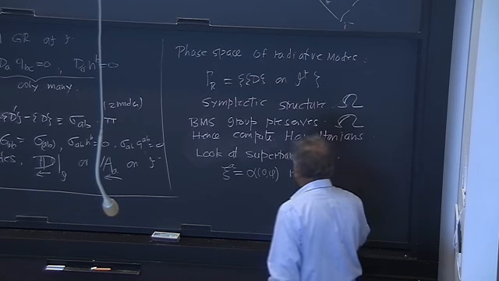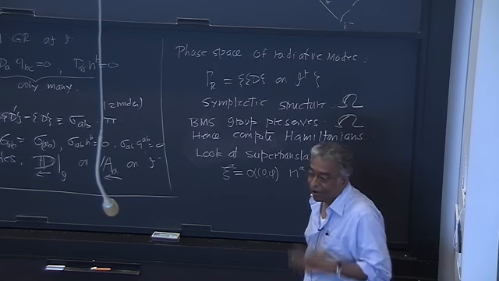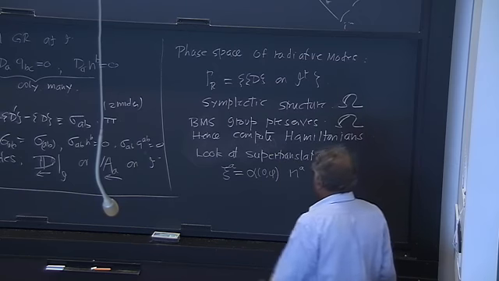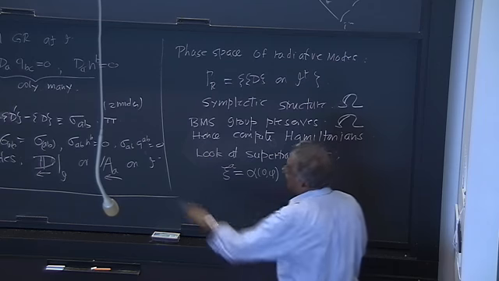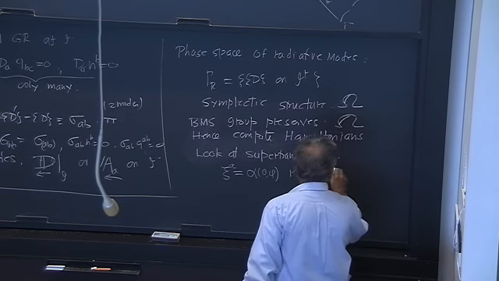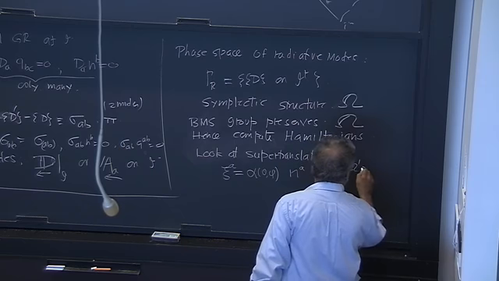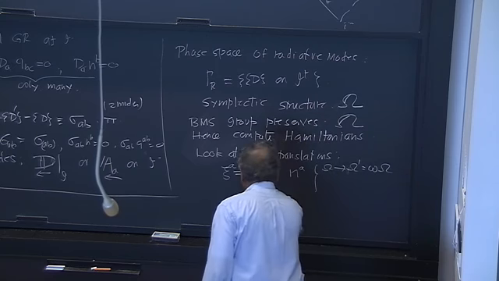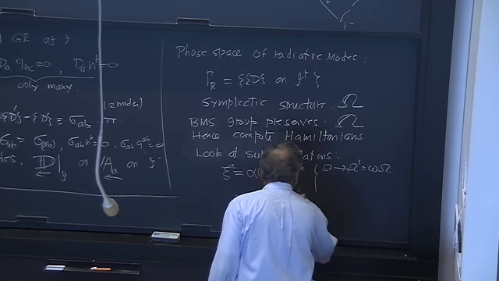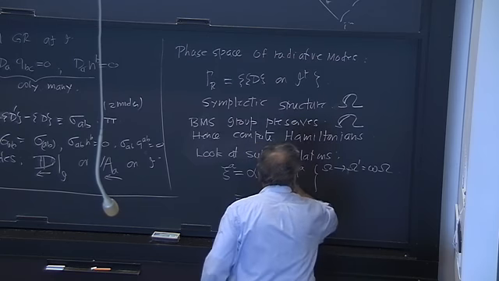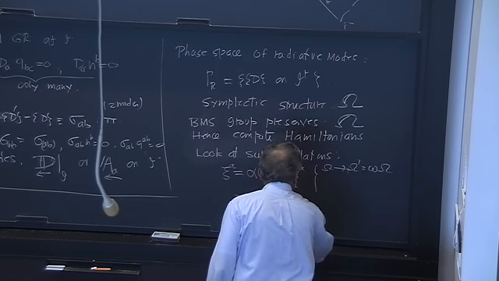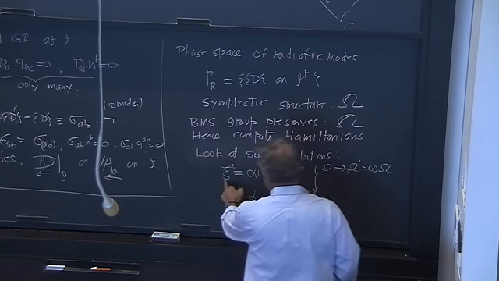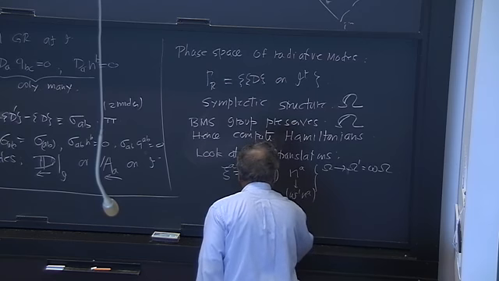But there's an important point which I think seems to be forgotten in the recent literature, or at least it's not obvious that it's taken care of. Namely, if I make a conformal transformation, omega goes to omega prime, which is little omega times omega, then n goes to n prime, which is omega to the minus 1 times n^a, and therefore alpha, to get the same vector field, has to rescale.